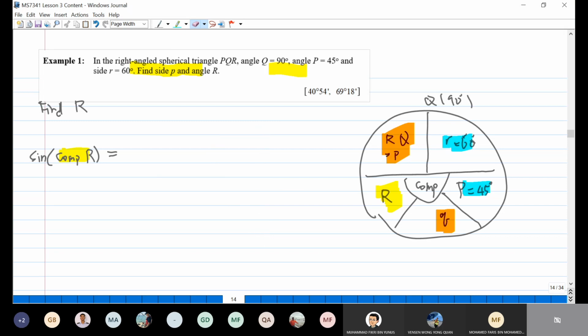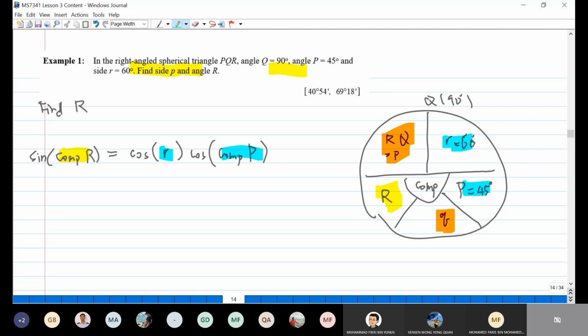So this is equal to cosine, opposite, product of cosines: cosine of R and cosine of the complement of P. So this is cosine R, cosine P, product of cosines, right?